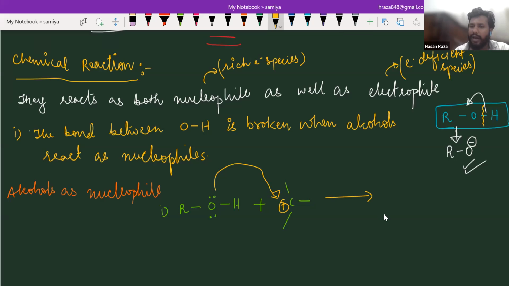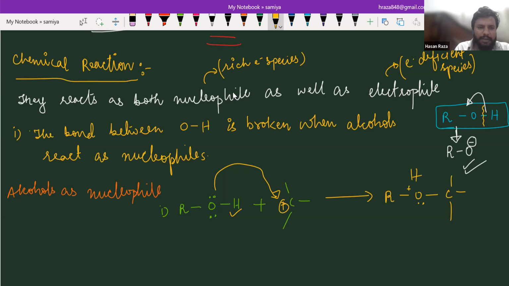What will happen here? R, O, then hydrogen will be with oxygen, but on oxygen there will be a positive charge, like this.